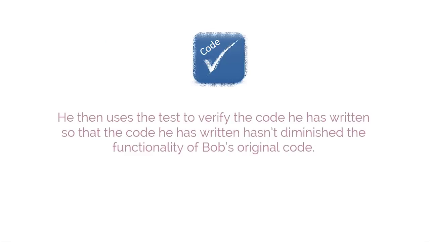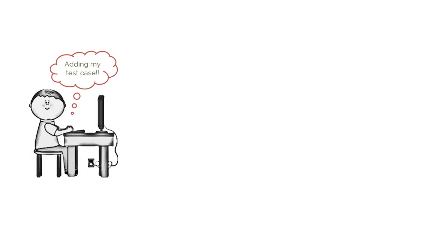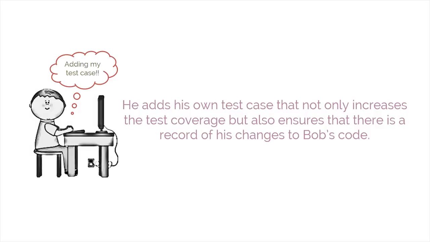He then uses the test to verify that the code he has written hasn't diminished the functionality of Bob's original code. Now he adds his own test case that not only increases the test coverage, but also ensures that there is a record of his changes to Bob's code.